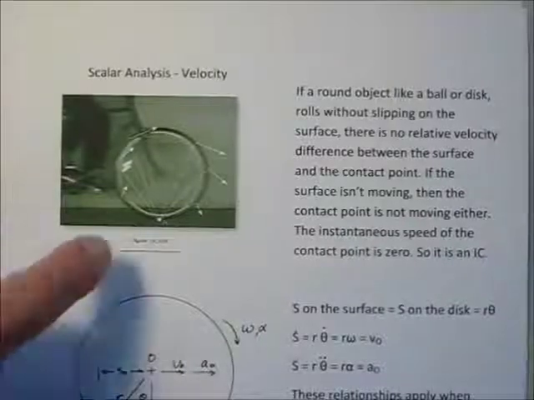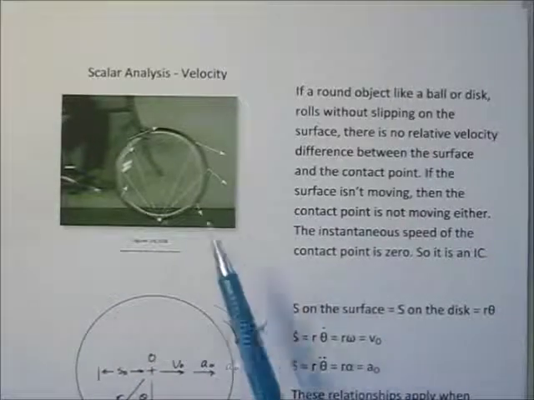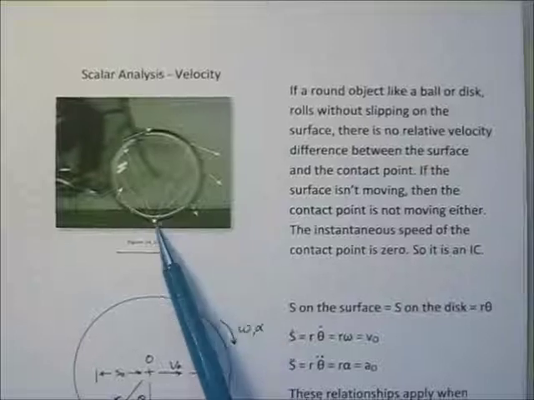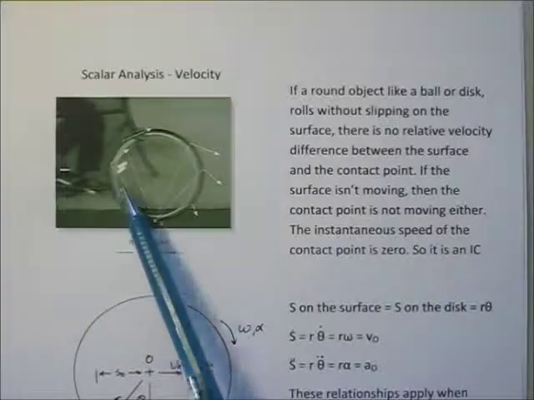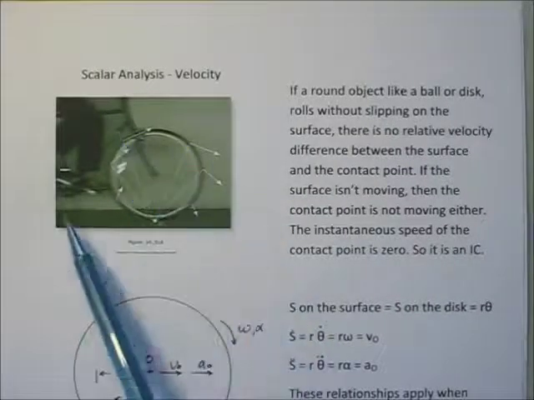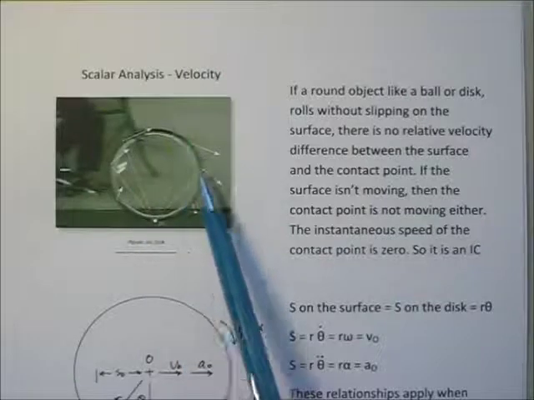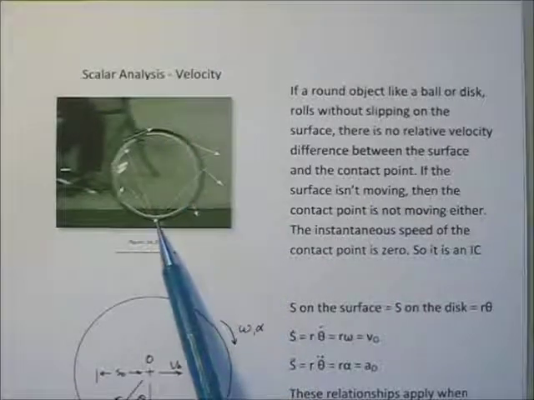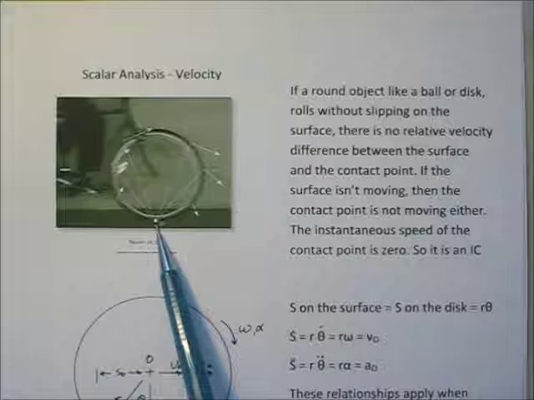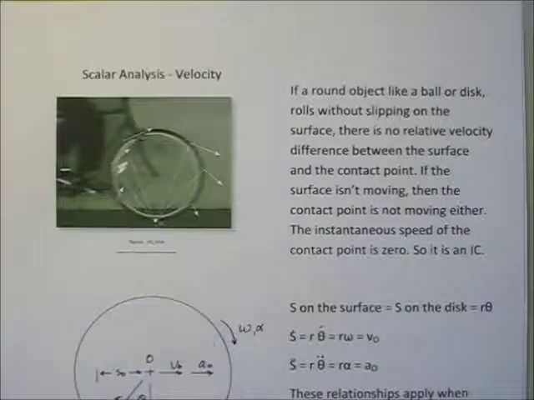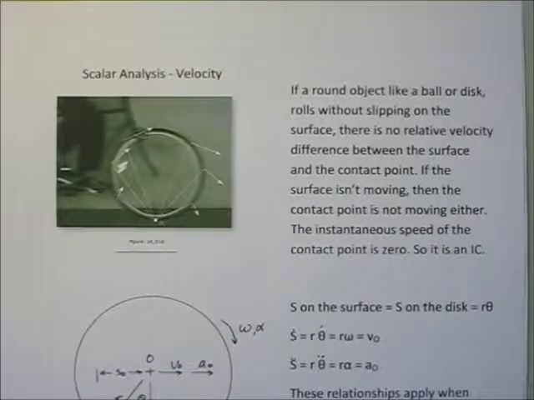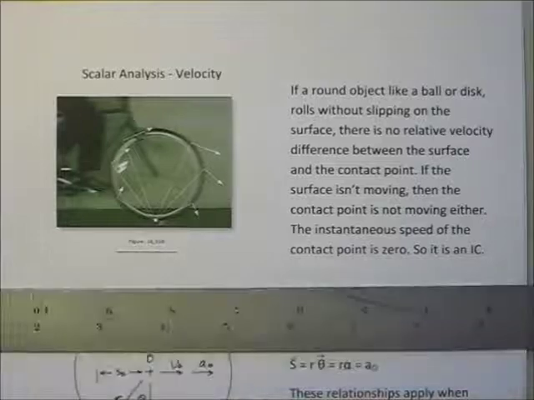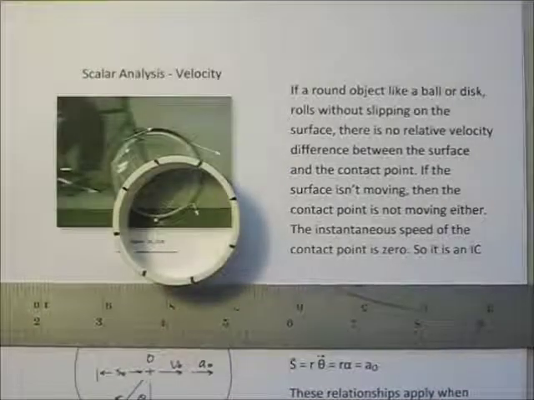All right, so this is a picture out of the book, but basically it shows the velocity vectors at different points on a bicycle wheel that's going around the circle. It shows that the contact point down here is an IC, an instantaneous center of zero velocity. It's not moving. Here's a little illustration with a ruler and a little piece of PVC.